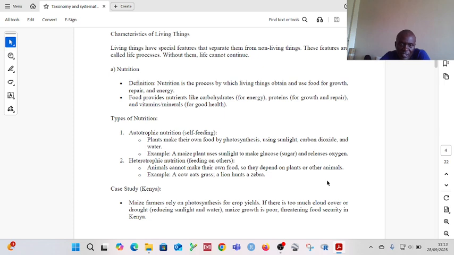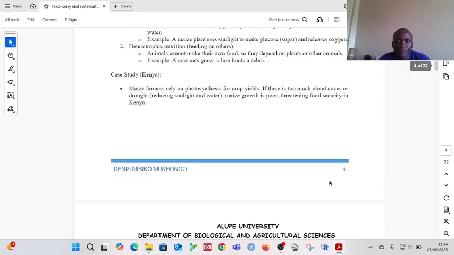Another mode of nutrition is heterotrophic nutrition. In this mode of nutrition, the living organisms that practice it feed on others. So it means they don't have the ability to make their own food. They need to depend on plants or other animals. So the types of nutrition are either autotrophic nutrition, self-feeding, or heterotrophic nutrition, where an organism feeds on another organism.